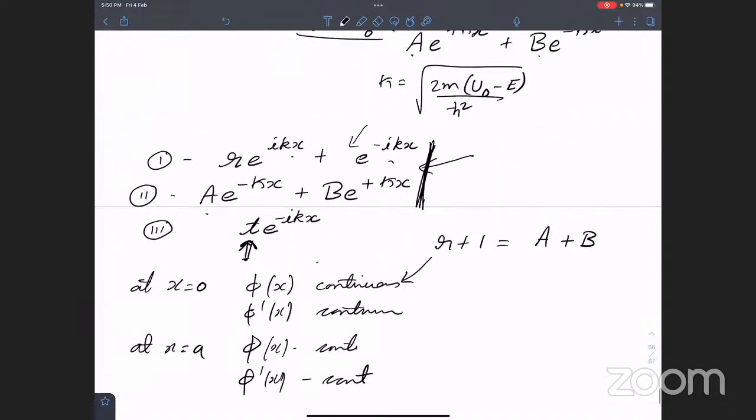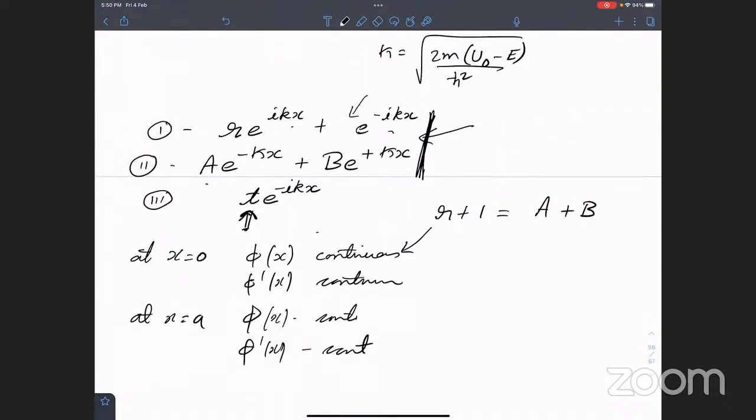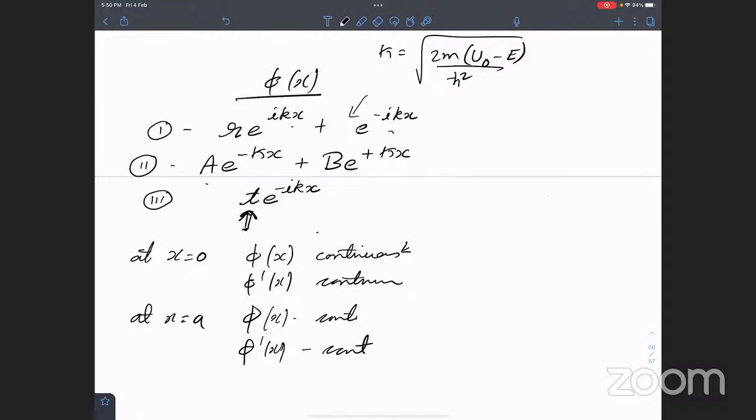Then let's also differentiate. Maybe I'll do it a little bit cleaner here. Let's also have the derivatives. This is my phi of x. Let's also have expressions for phi dash of x. So that is i k r e to the power i kx minus i k e to the power minus i kx.